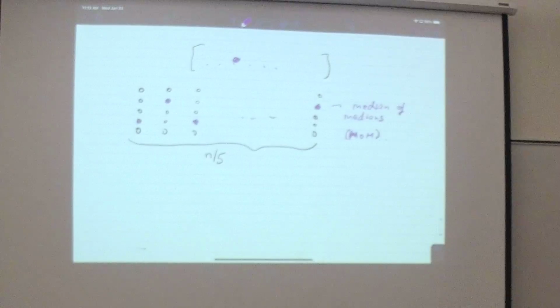Not a cricket fan, I'm sorry. So I'm going to take the medians, and I'm going to do this how? With my magical median algorithm that I don't have, i.e. recursion. I'm going to recursively compute the median of these medians. There are n over 5 of them, right? One for each group of 5. I'm going to compute it using magic recursion.